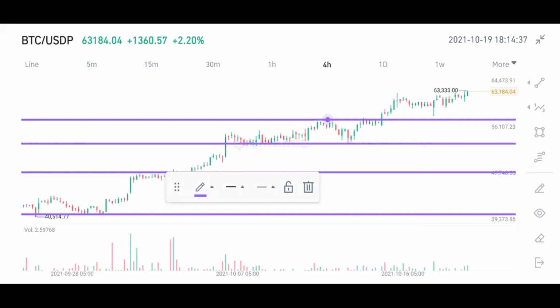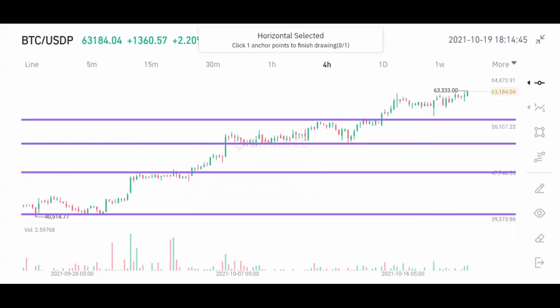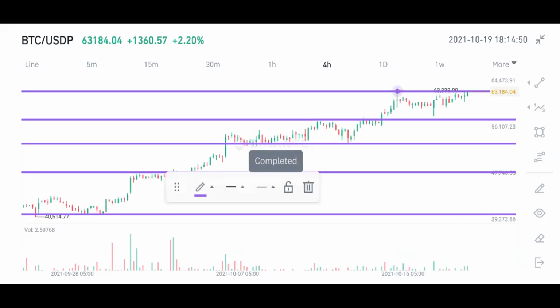Can you imagine the Bitcoin is already 63? That's heavy. When we started, it was just 62 something.